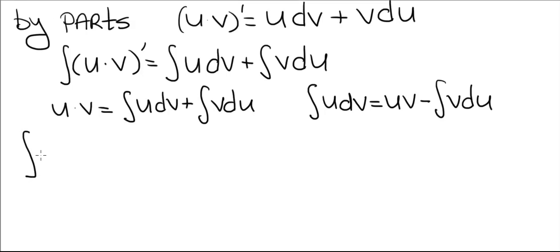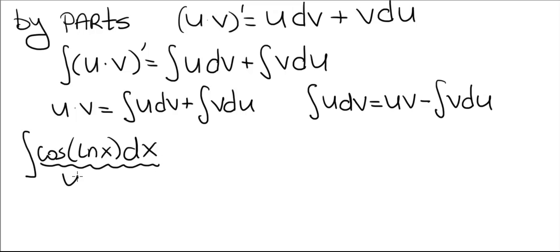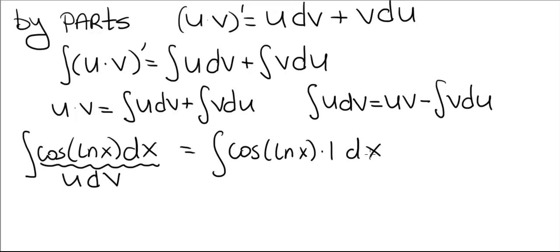So in our case, we have the integral of cosine of ln of x, and we'll be calling that the integral of u dv. We have to decide what is u and what is dv. We only have two choices. So we write this as the integral of cosine of ln of x times 1 dx. Our choices are u equals cosine ln of x and dv equals 1 dx, or vice versa.